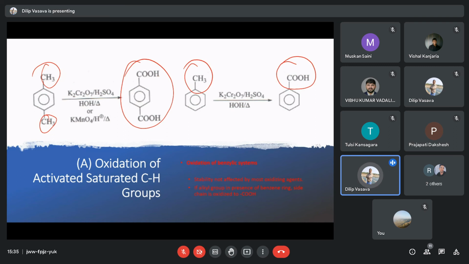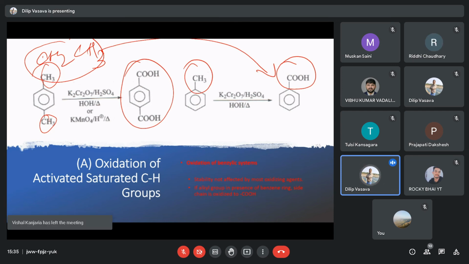Even if CH2CH3 is given in place of CH3, it will give only a single carboxylic group. So whether methyl, ethyl or propyl is given, the oxidized product is benzoic acid.